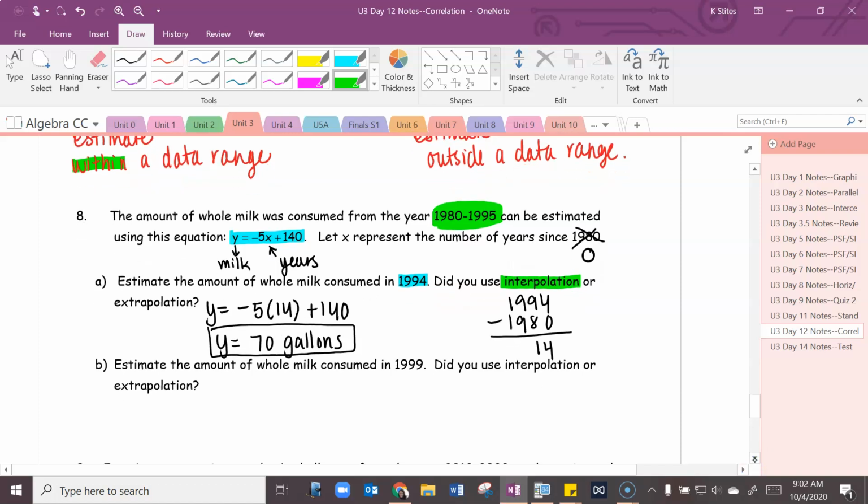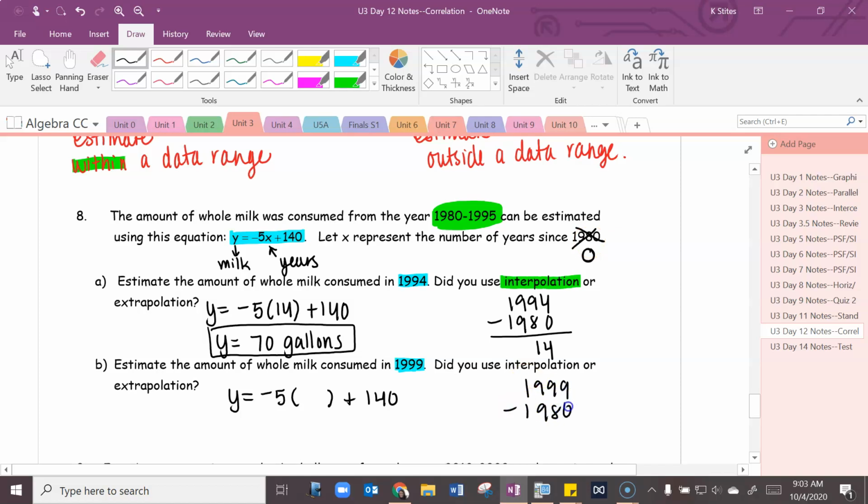Estimate the amount of whole milk consumed in 1999. All right, so again, we are going to go ahead and plug our number in for X, but you're going to have to figure out what that number is first. We're not going ahead and plugging 1999 in. That would mean 1999 years since 1980, which it is not. So we have to subtract first.